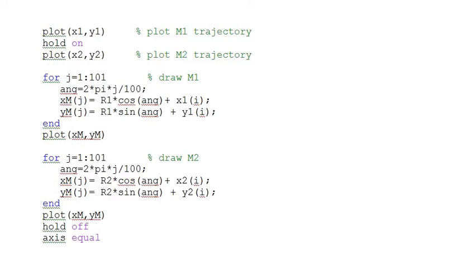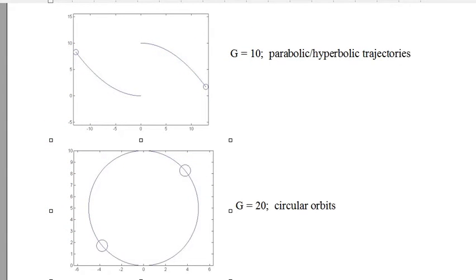This code prints the graph. You can experiment with various values of G, the gravitational constant.